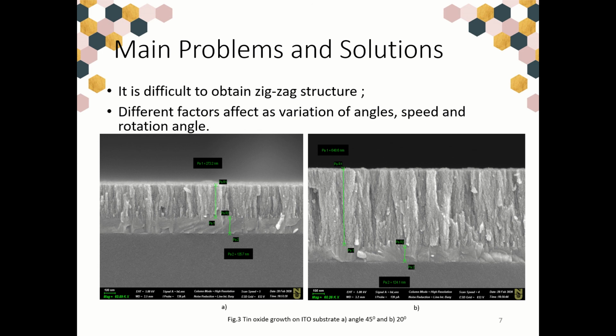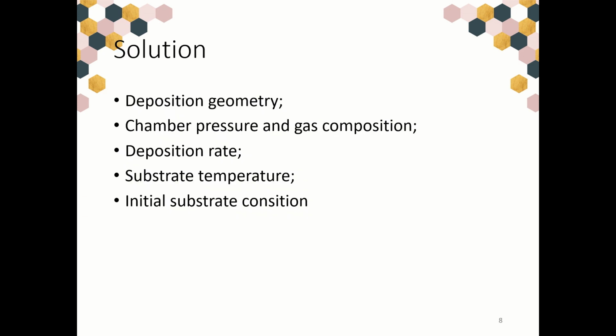So, in order to obtain the exact structure, the solution can be altering and considering main factors such as deposition geometry, that is, the placement of substrate should be precise and repeatable to avoid run-to-run geometry variations.